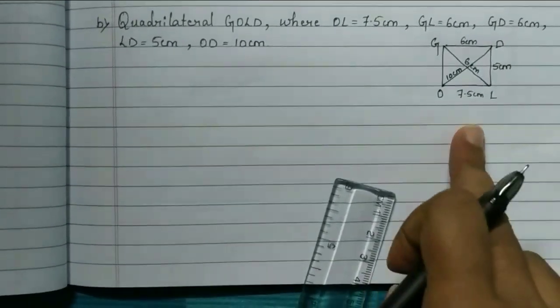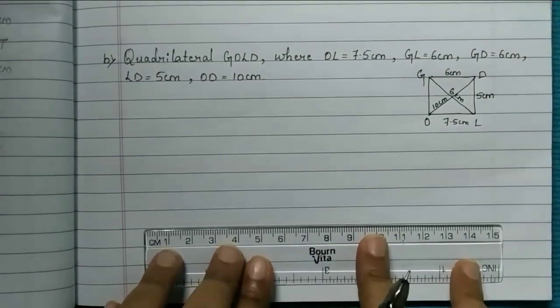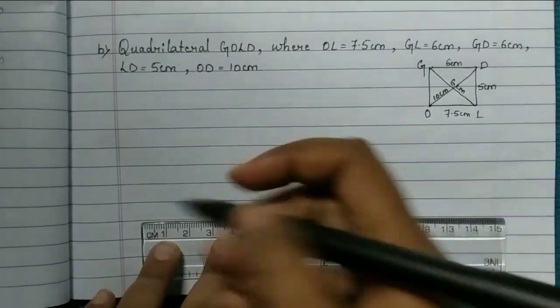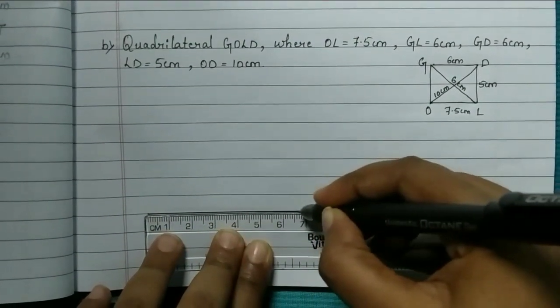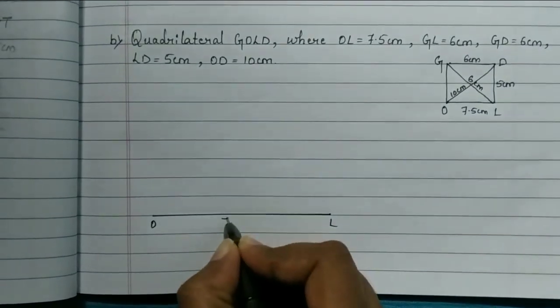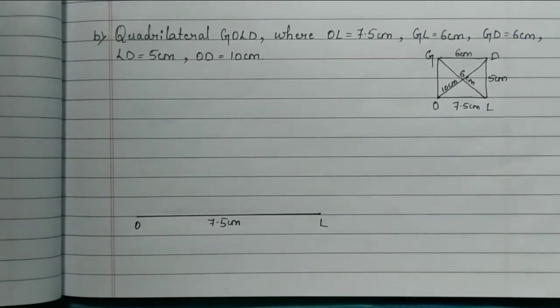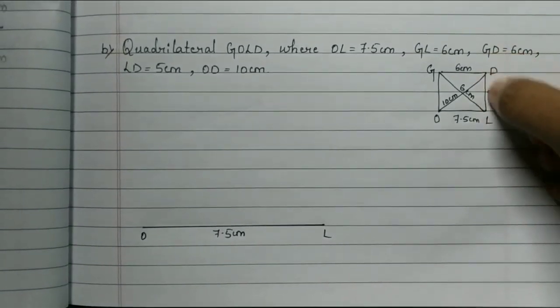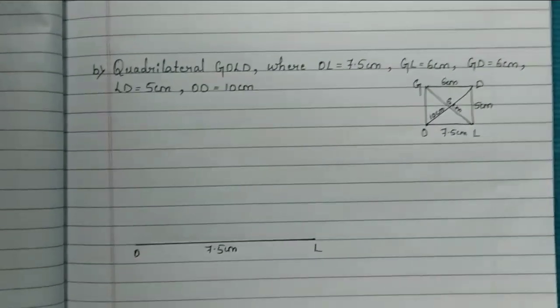Starting from the base, we need OL, which must be 7.5 cm. This is our OL, 7.5 cm. Next we need a line here which is 5 cm.